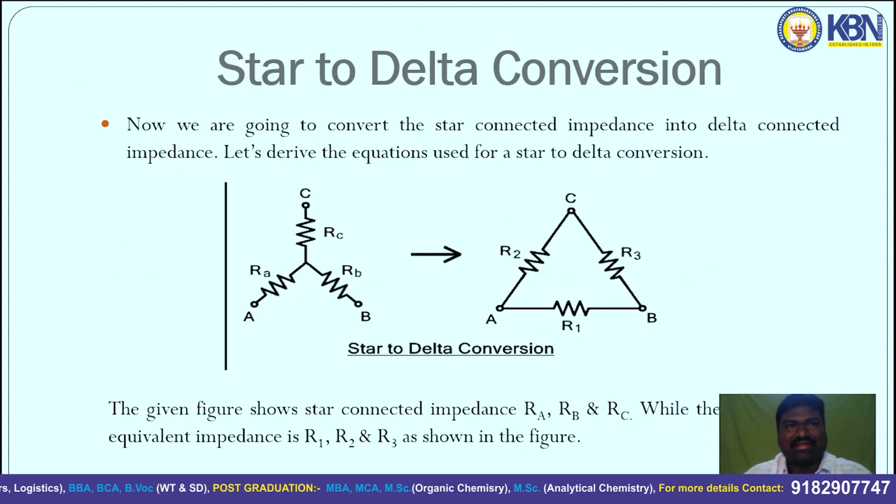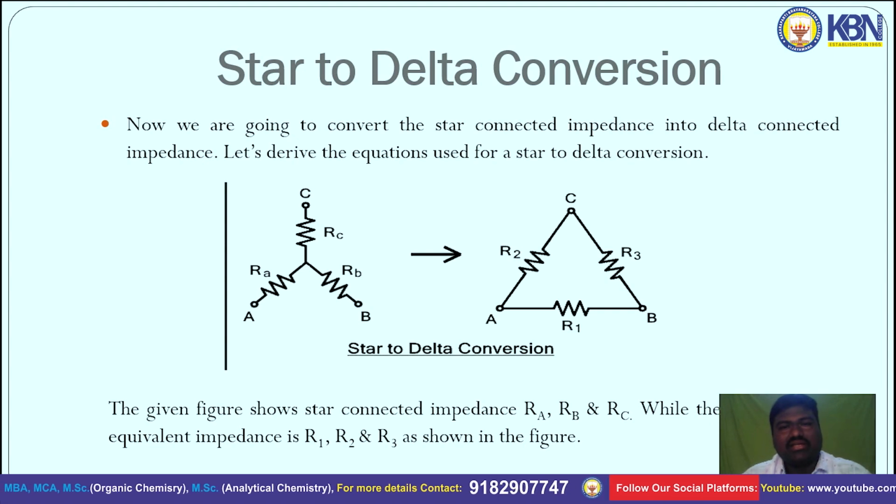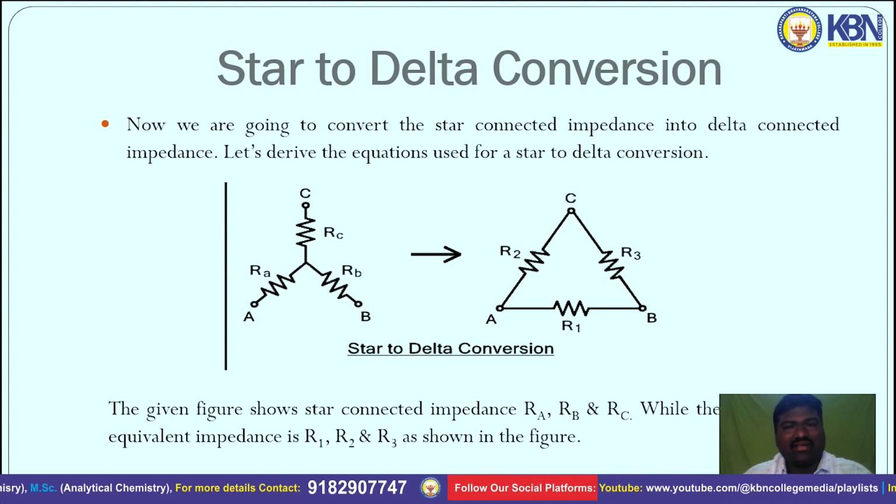Finally, we are discussing star to delta and delta to star conversions. Now we are going to do the star to delta conversion. We have to convert star connected impedance to delta connected impedance. Let's derive the equation used for star to delta conversion.